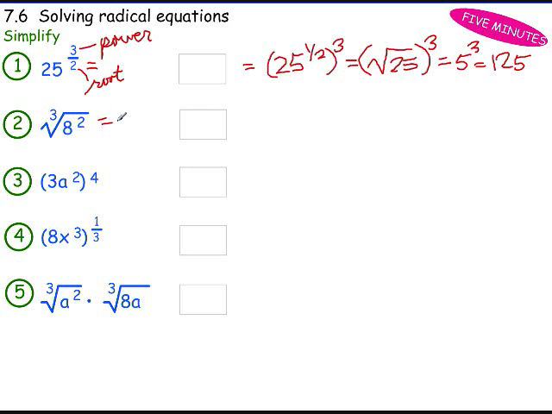Let's try this one. Let's try writing it with a rational exponent. So we'll say 8. We're going to put the power in the numerator, and the power is 2. We're going to put the root, that index, in the denominator.